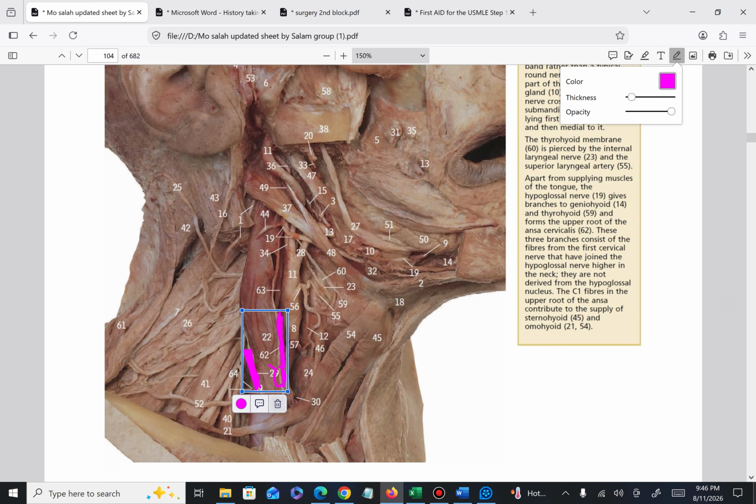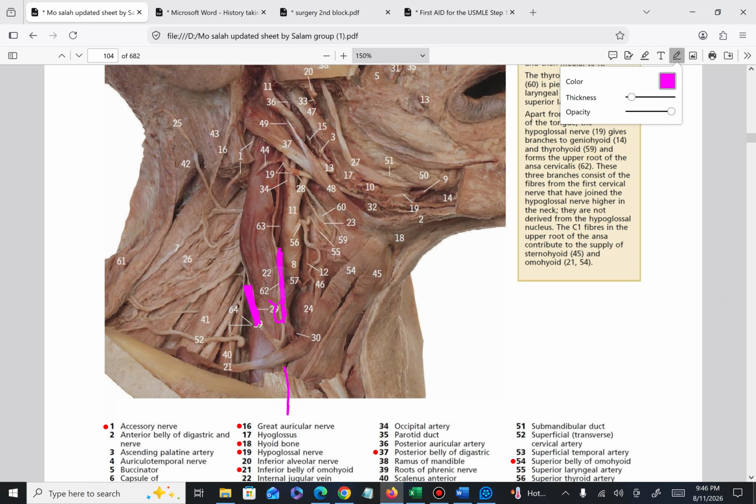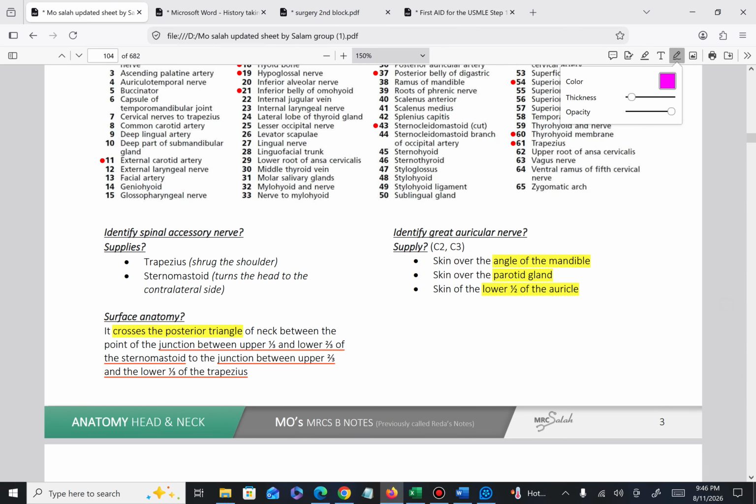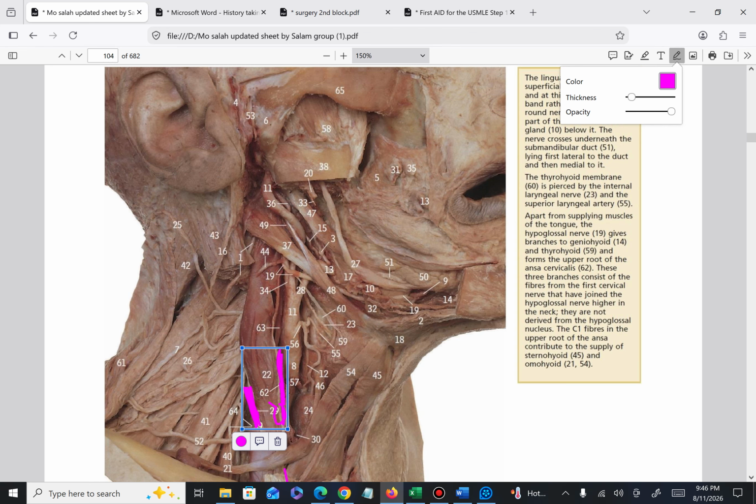So the carotid sheath has the common carotid artery, internal jugular vein, and the vagus nerve, and anterior to it is the upper root and the lower root of the ansa cervicalis. So this is about the carotid sheath and carotid triangle.